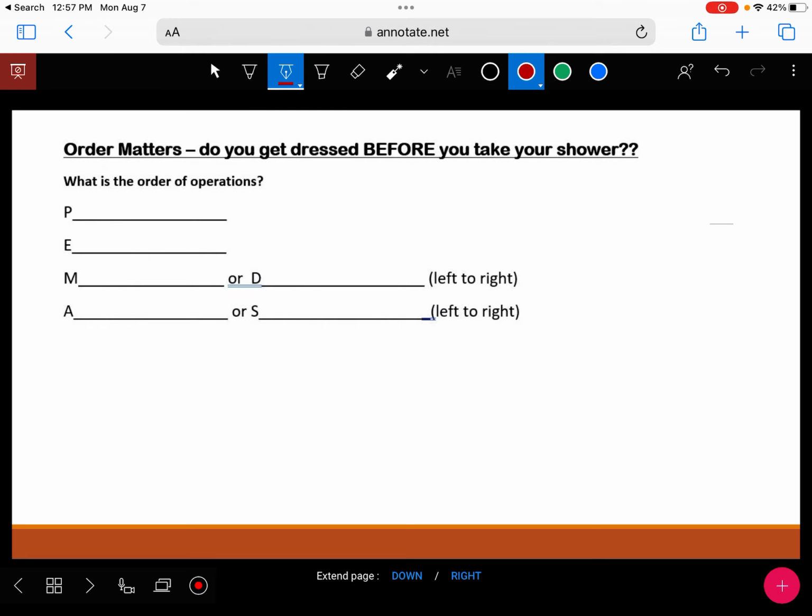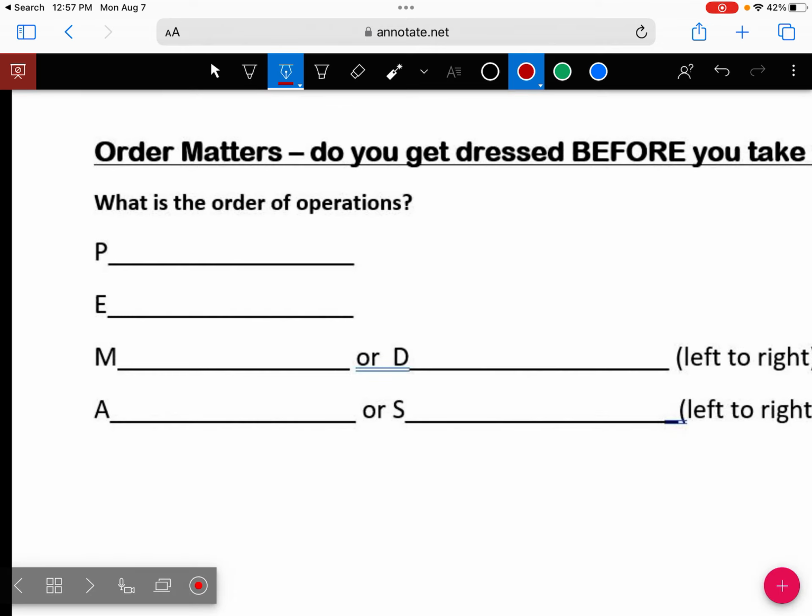The first operation that we always do is parentheses. After parentheses, E stands for exponents.